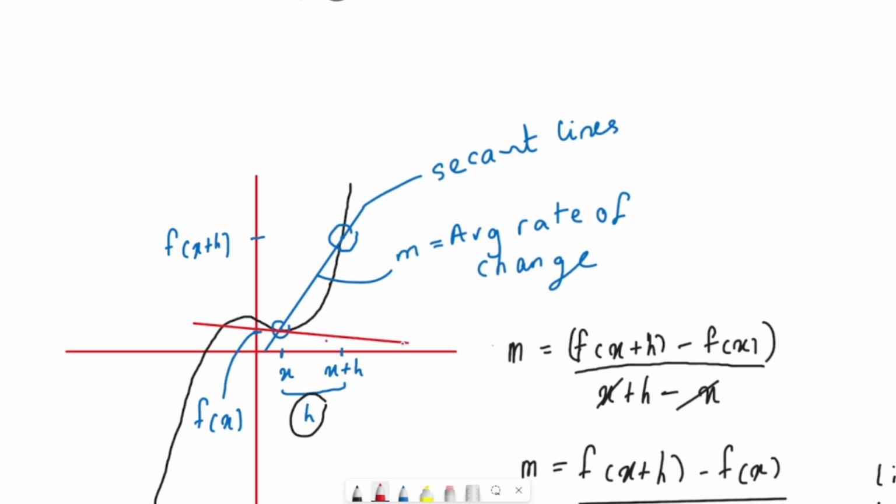So the gradient of this red line is the instantaneous rate of change, and we got this by taking the limit of h approaching 0.